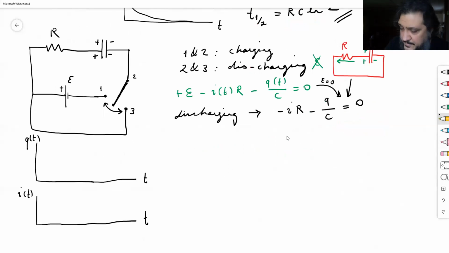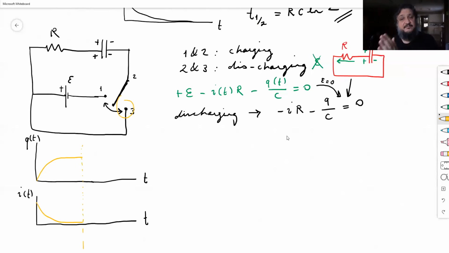So we saw that the charge will be changing like this. And as long as you keep the switch on, it's going to stay there, whereas the current will remain at 0, like this. But at this instant, somebody turns the switch to here.